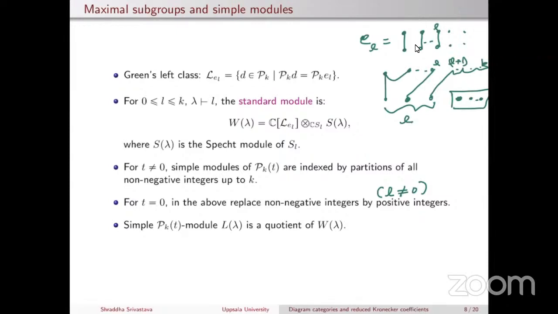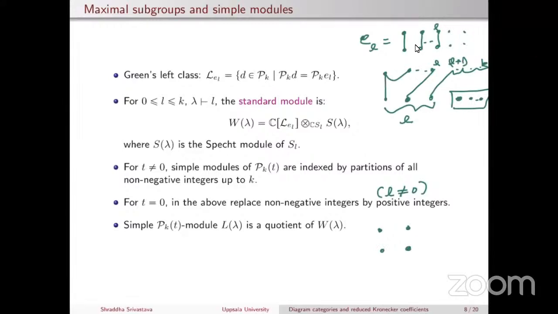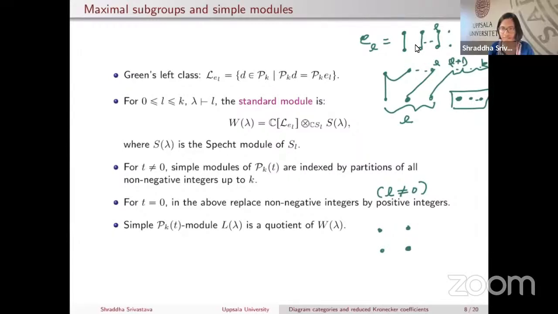I see. So L lambda is a quotient of W lambda. And in the 0 case, the partition that appears when L equals 0, so lambda cannot be empty. Yes, that's precise. In this case, lambda cannot be empty, and in the other case, lambda equal to empty is also allowed.